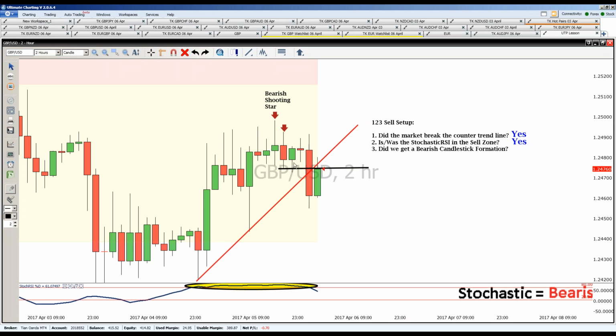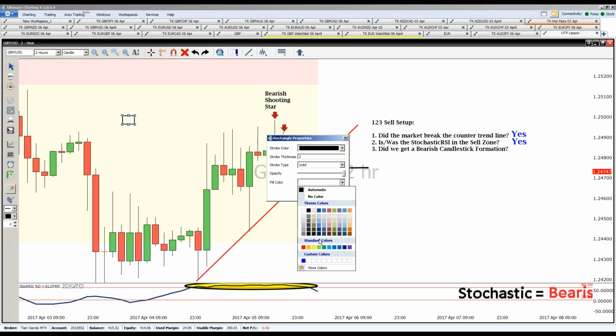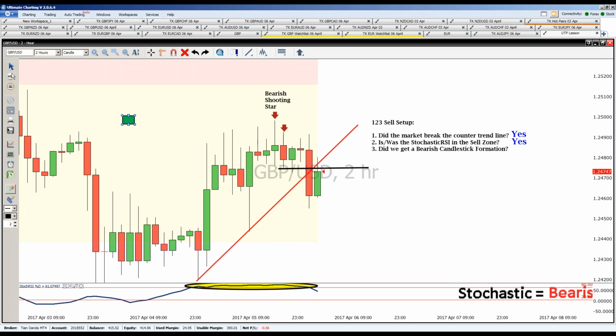But let's take these two candles over here, and let's go and draw them. So we had a bullish candle like that with a wick, and the down wick was shorter than the up wick. Something like that.